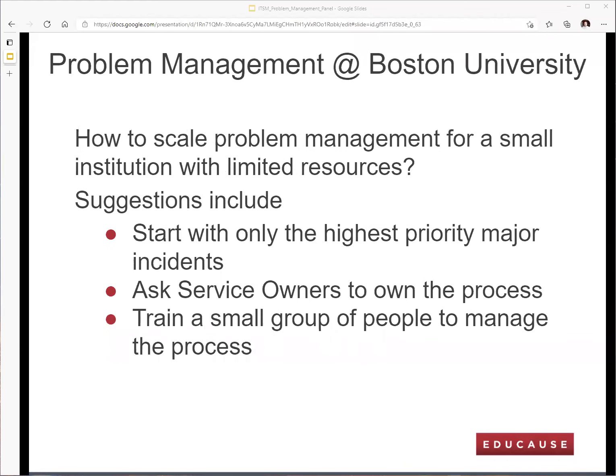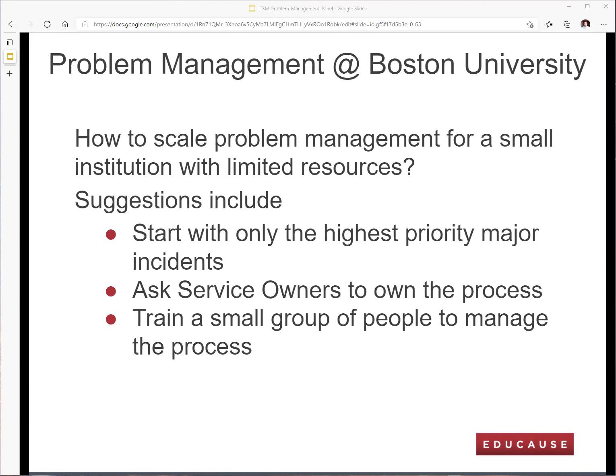Next slide. Another question I saw was, how do you scale problem management for a small institution with limited resources? Well, we here at BU, which is actually a really big university, don't have unlimited resources. That's a problem we've had to grapple with as well, which is one of the reasons why at BU, we really only use the problem for P1 incidents, the highest priority incidents.